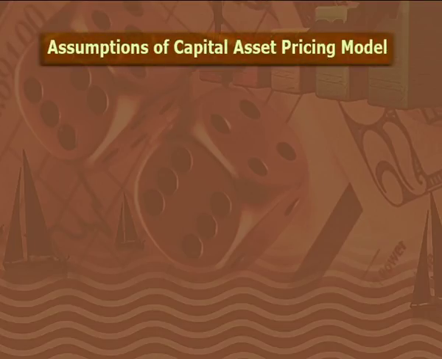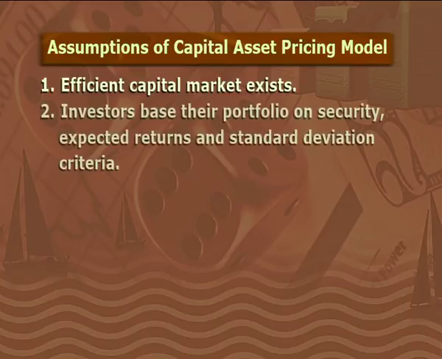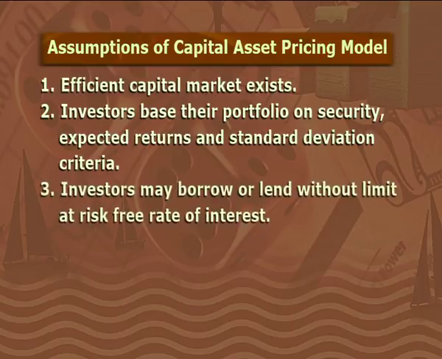Capital asset pricing model is based on certain assumptions. They are: number 1, efficient capital market exists. Number 2, investors base their portfolio on security, expected returns and standard deviation criteria. Number 3, investors may borrow or lend without limit at risk-free rate of interest.